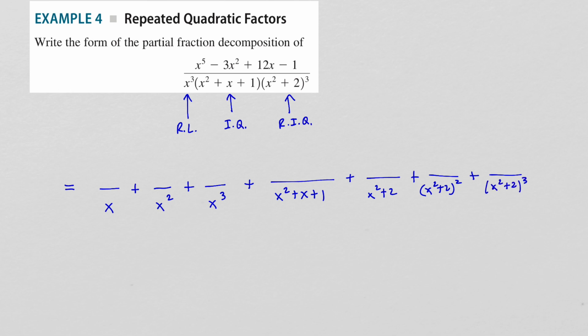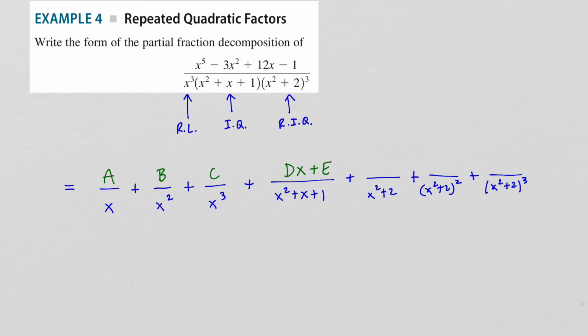Now when you set it up, on top here we're going to have a, b, and c. And then we're going to have dx plus e here. And the reason I chose D is because D comes after C. And then each of these is an irreducible quadratic, so all of these numerators have to look like this.